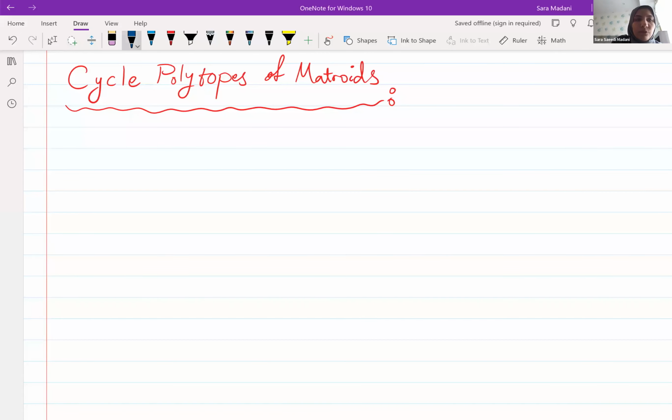So if we have a finite set of points, let's say V1 to VR in some space like R^d, and then if we take the convex hull of these points, what we get is called a polytope.